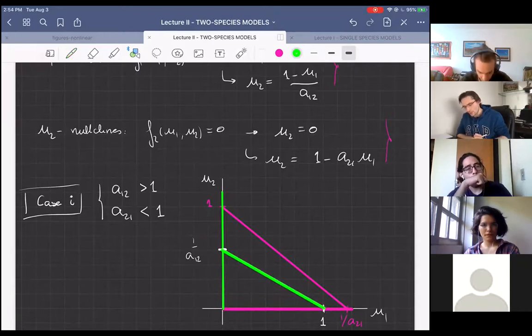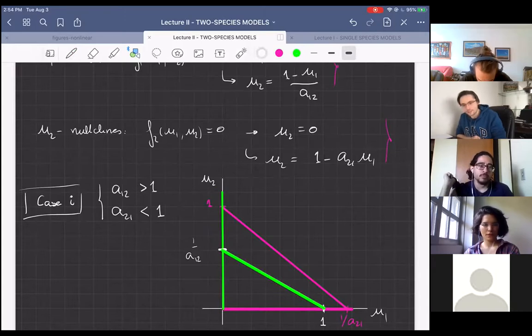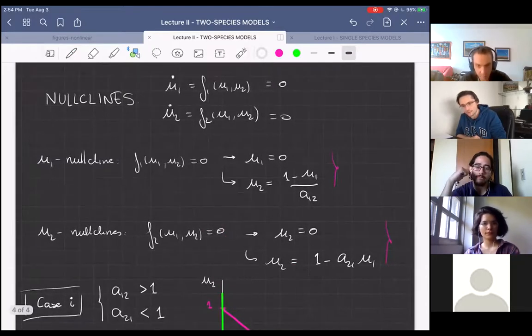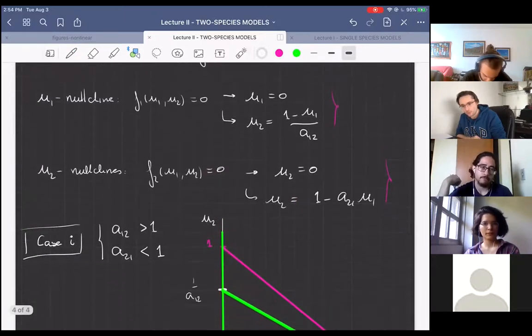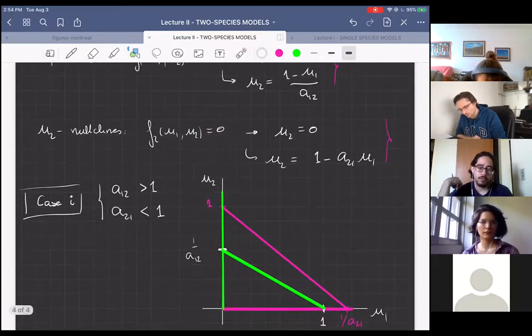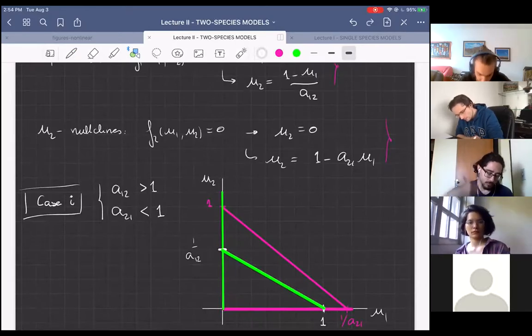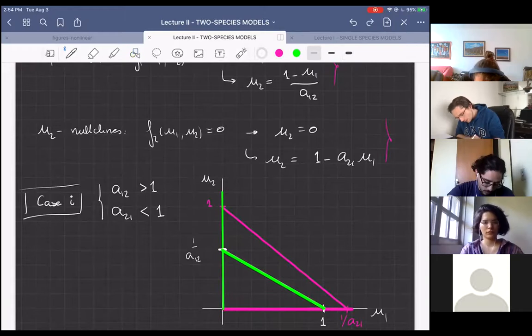Perfect. So now, what are the fixed points of this system? We said that the fixed points are the points where both functions f1 and f2 are equal to 0 at the same time, right? So basically when both nullclines cross. So we have 1 here, we have 1 here, we have 1 here, and we have 1 here.